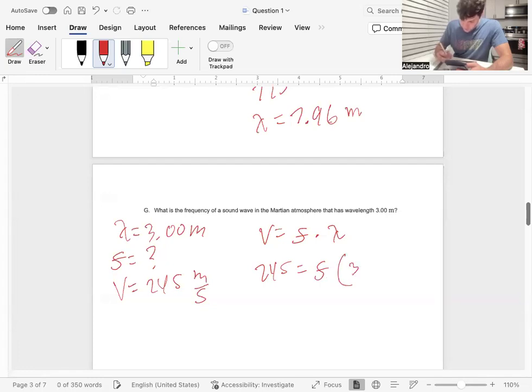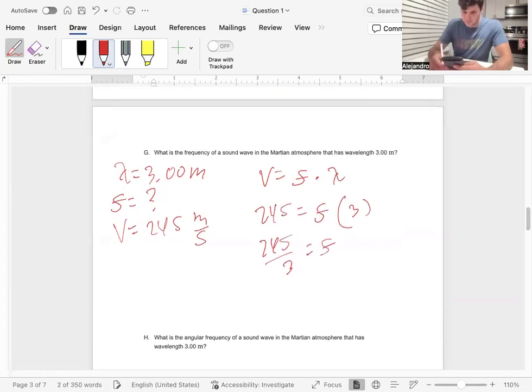Wavelength is 3 meters, speed 245. Now the frequency is roughly 81.67 hertz.